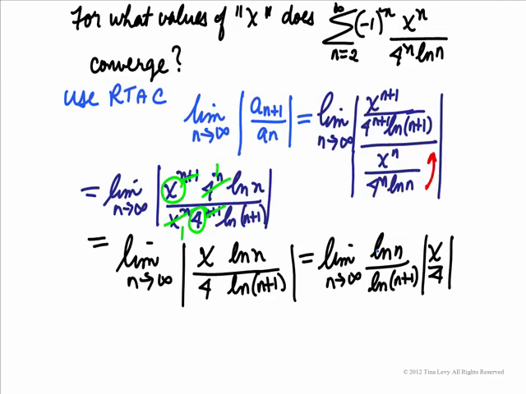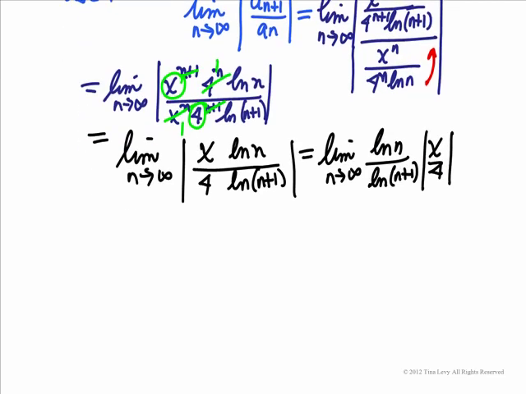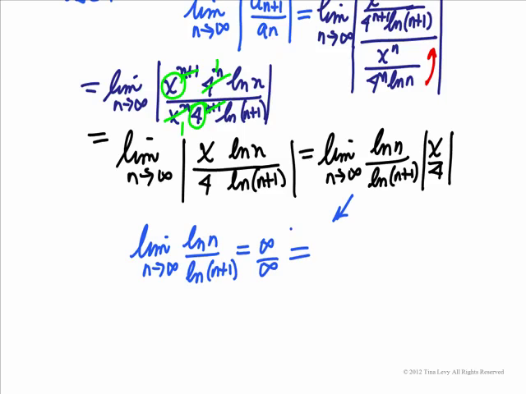Separately, because there is no property of logs, I have to do this limit. The limit as n approaches infinity of log n over log(n+1) is infinity over infinity. By L'Hopital's rule, it is the limit of the derivative of log n, 1 over n, over the derivative of log(n+1), 1 over n+1.